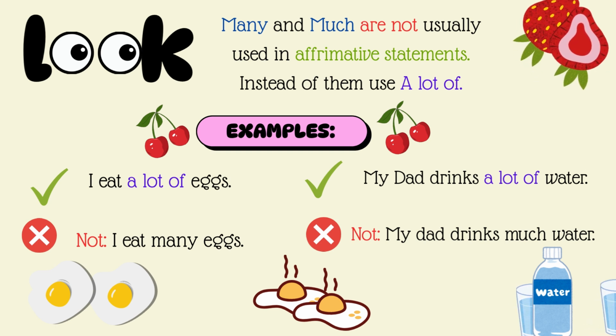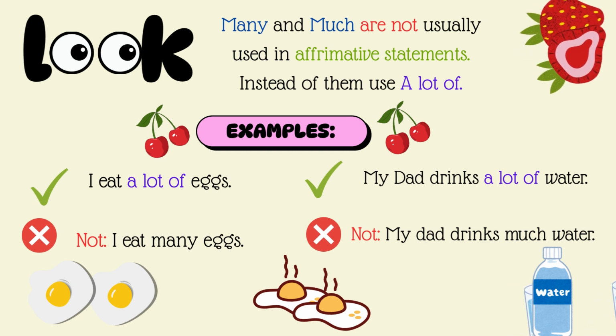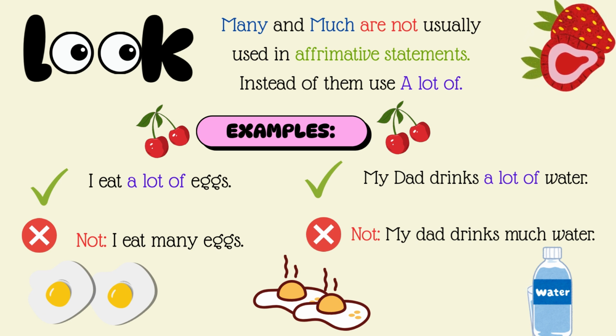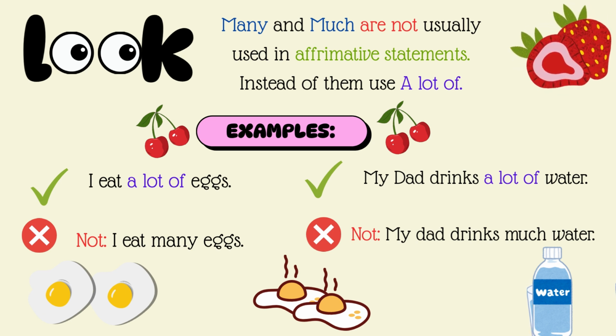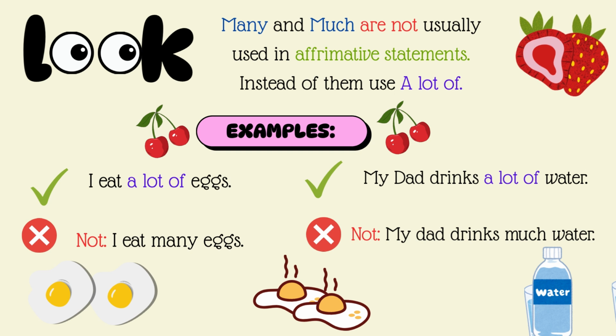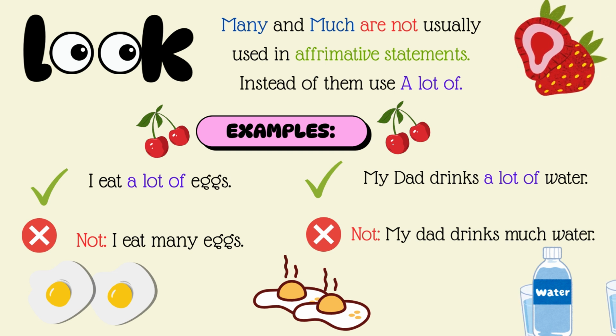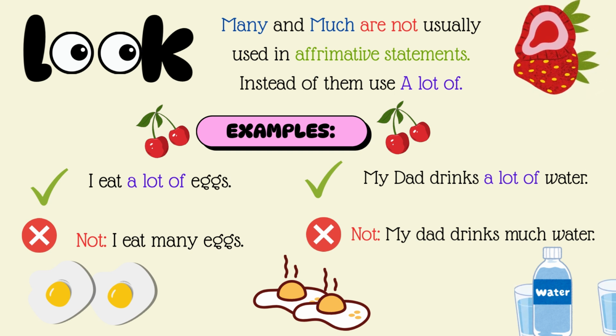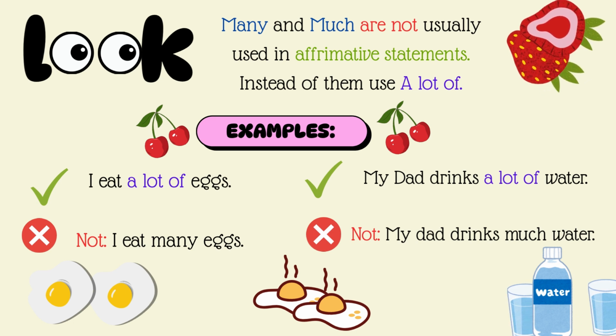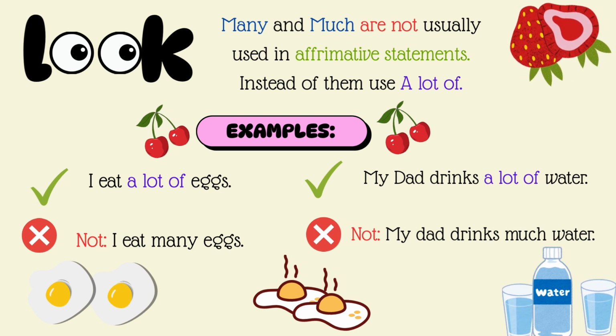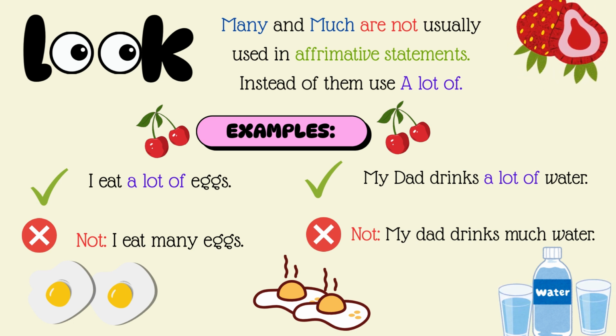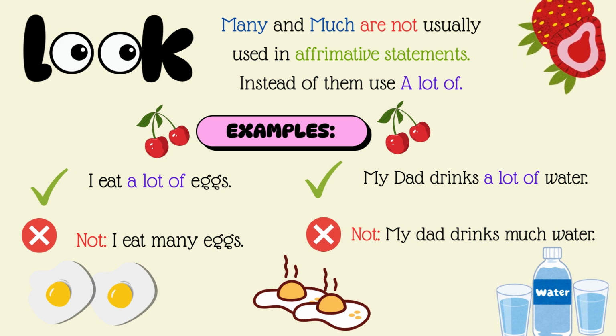It says, I eat a lot of eggs, and not I eat many eggs. That's incorrect, right? The second example says, my dad drinks a lot of water, and not my dad drinks much water. So we use a lot of in affirmative statements instead of many and much.